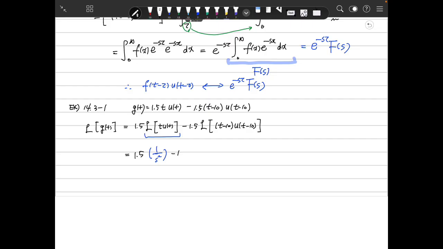Then minus 1.5, there is a time delay of 10, so exponential minus 10s times 1 over s squared. So the result is 1.5 over s squared times 1 minus exponential minus 10s. This is the Laplace transform of the time delay case.